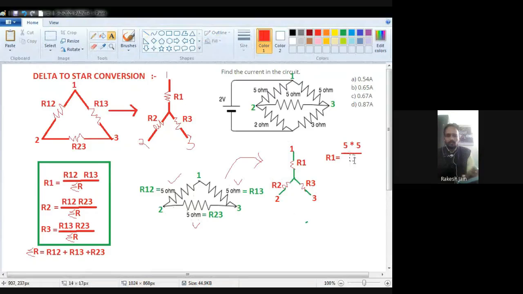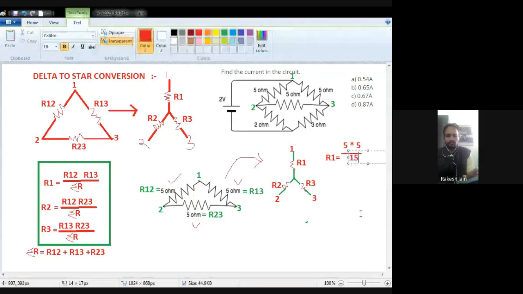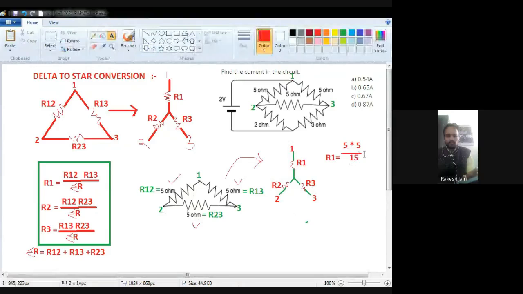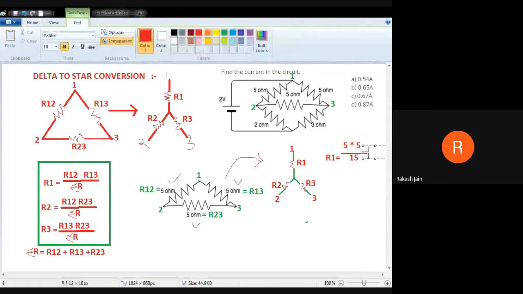Now R12, that is 5, multiplied by R13, which is also 5 ohm, divided by the sum of all these three.